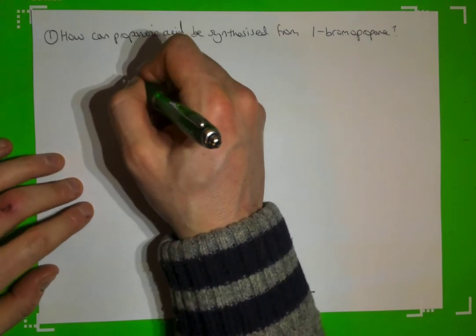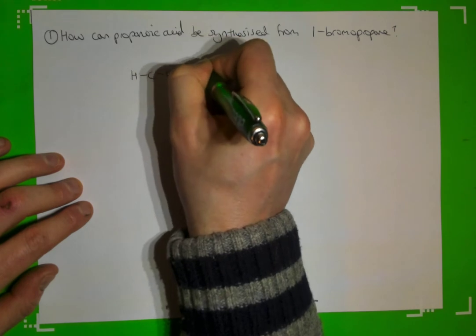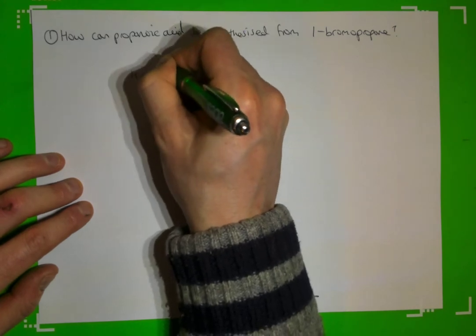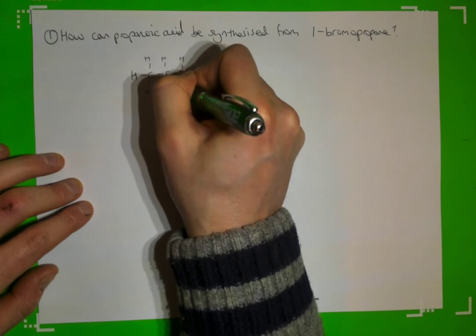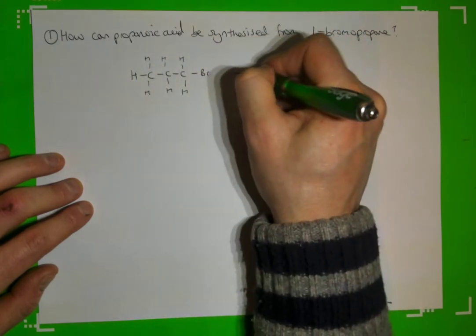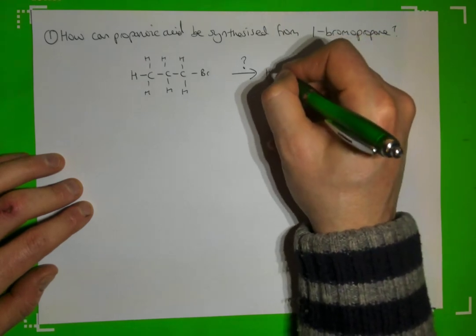So what have I got here? I've got 1-bromopropane, and I want to make propanoic acid.